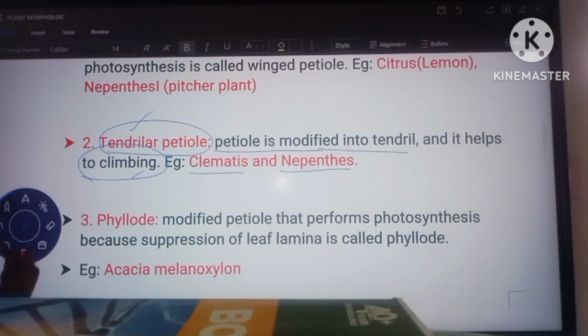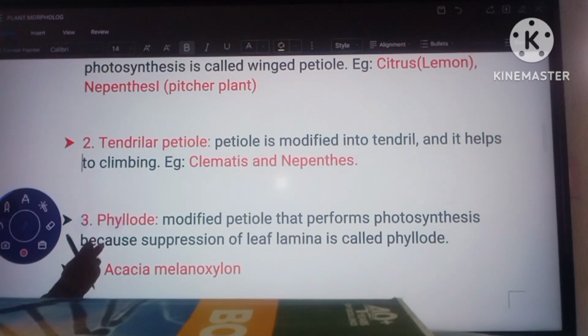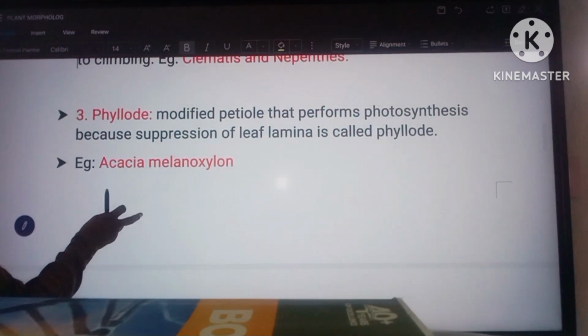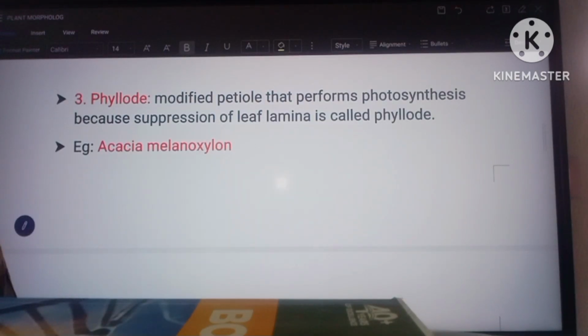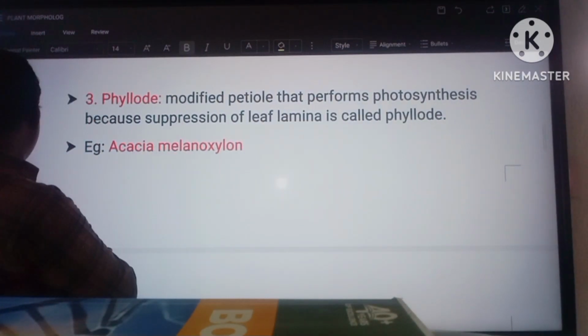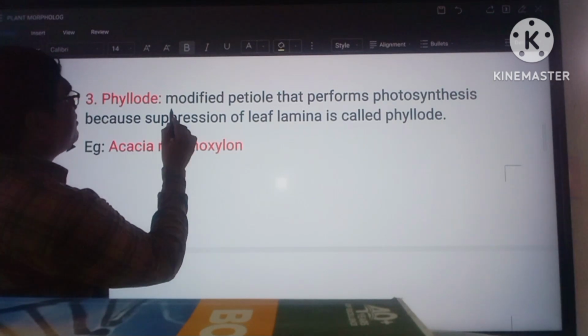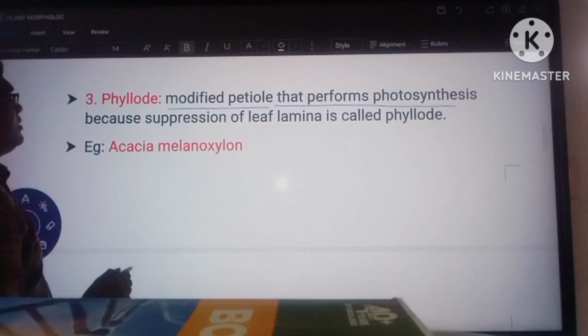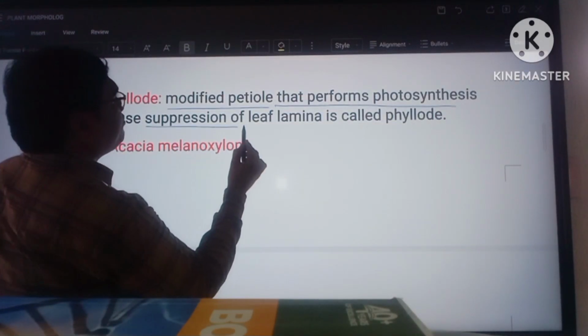Next, the third type of petiole is called phyllode. Phyllode is a modified petiole that performs photosynthesis, because of the suppression of the leaf lamina.